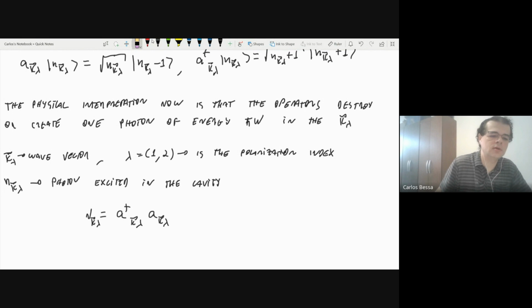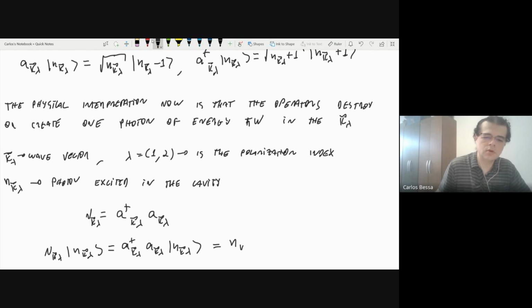So N applied to the state |k lambda> gives n_k lambda times the state, n being the number of photons. Okay.